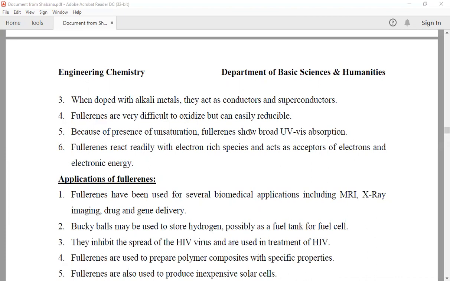Hydrogenation is another property of the fullerene, which is exhibited by the C60 molecule because it has a small degree of aromatic character. It undergoes addition with hydrogen to form polyhydrofullerene.